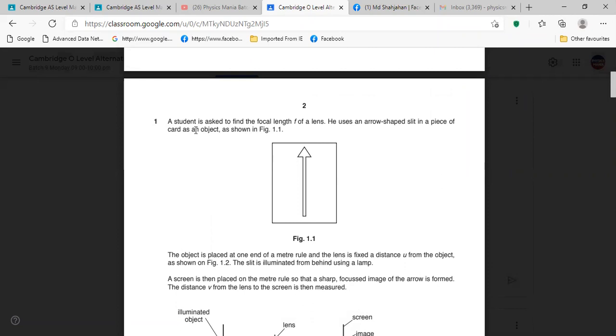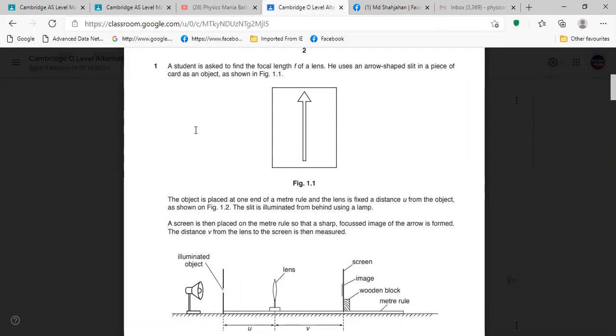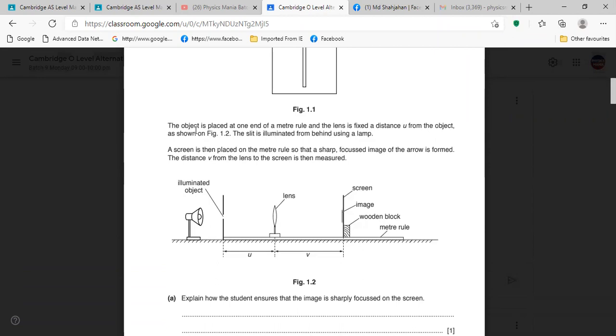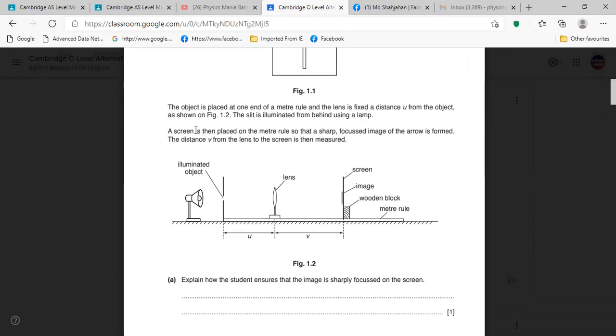Yes, sir. A student is asked to find the focal length f of a lens. He uses an arrow shaped slit in a piece of card as an object as shown in figure 1.1. The object is placed at one end of a meter rule and the lens is fixed a distance u from the object as shown in figure 1.2.